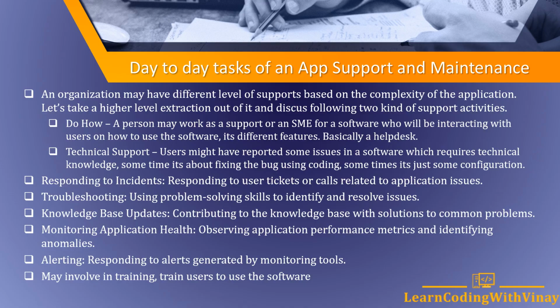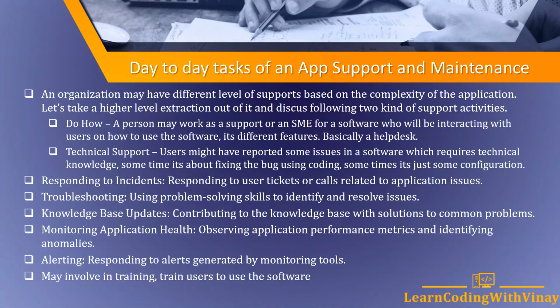They are basically the SME, subject matter expert, of that particular software. They will resolve issues of users who do not know how to use the application, or are having some issues while using it. These do how or know how issues can be resolved by L1 folks, right?